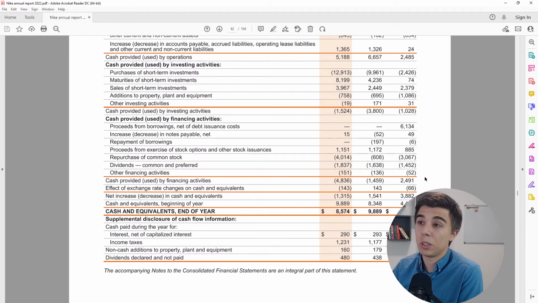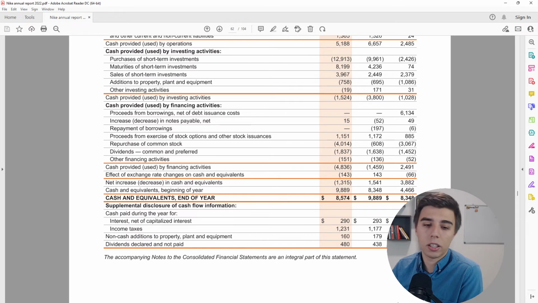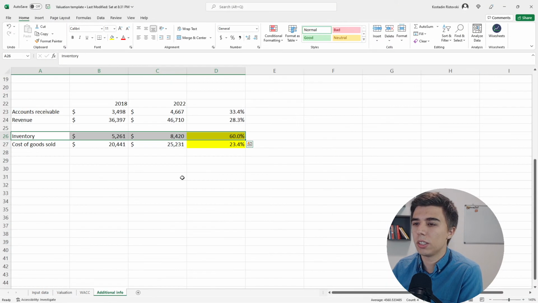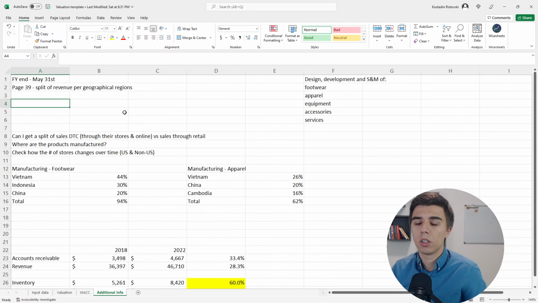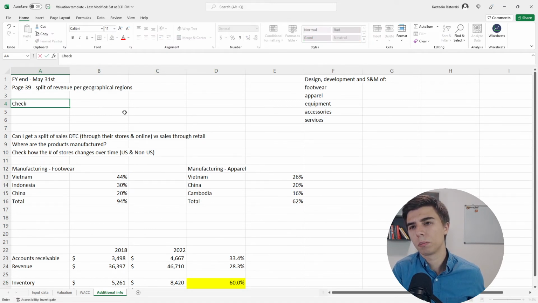I'll just note it here. Again, use this additional info to add any type of comments that you have. So I'll note, check whether share buybacks are creating or destroying value.